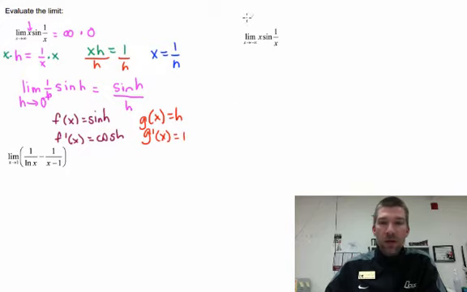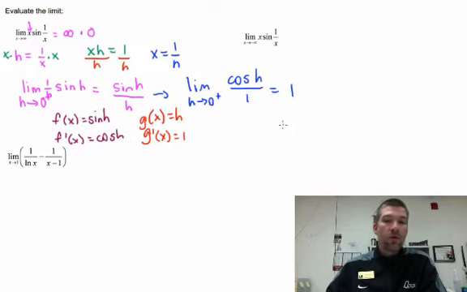And everything we're doing here, we can also do on this guy, by the way, because they're set up the exact same way. So now my new limit becomes the limit as h approaches 0 from the right of cosine h over 1.